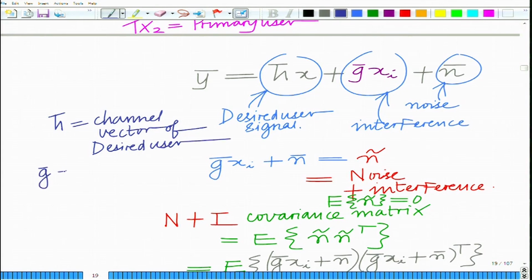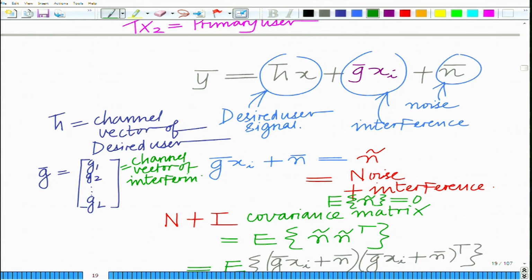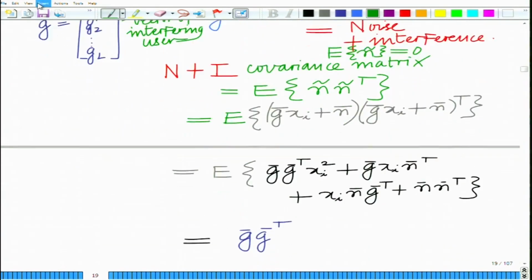And similarly, G bar, which is the L dimensional vector corresponding to L antennas, is the channel vector of the interfering user, okay. So, that is your G bar.